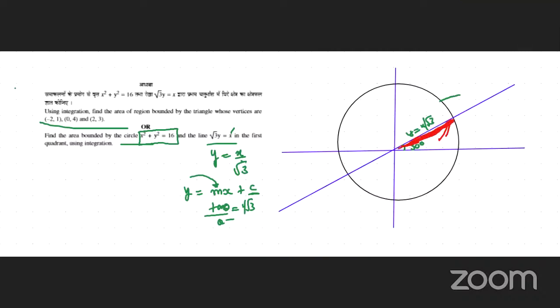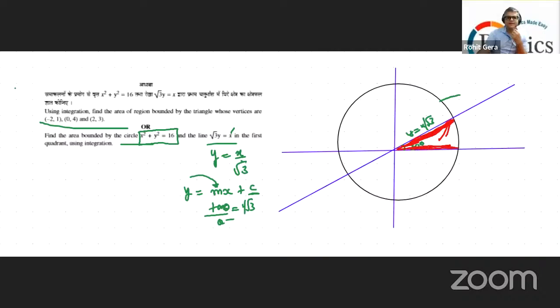The only thing is this area which I am highlighting is also bounded by y is equal to 0, which is the x-axis. The other area, which is the upper area, is bounded by this line, the circle, and x equal to 0, which I can show like this area, right?